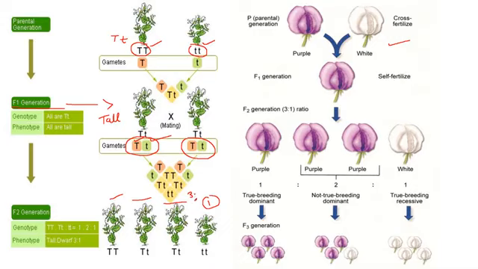Phenotype means the physical appearance of the progeny. And the genotype: he got one homozygous dominant, two heterozygous dominant and one homozygous recessive, that is, the ratio 1 is to 2 is to 1. The genotype is the genetic constitution of the plants. Clear? So this was the result of the monohybrid cross.